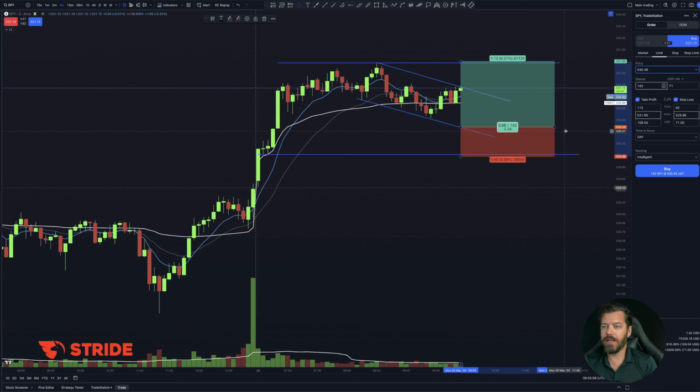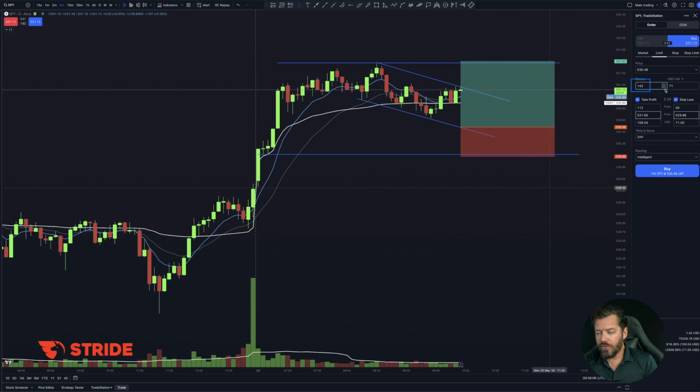Automatically the system calculates the number of shares you have to buy in order to get a risk of $71. I can change that. I can say, okay, I'm willing to risk $500. How many shares do I have to buy? 1,000. How much money do I need to have on my account to be able to buy 1,000 shares?